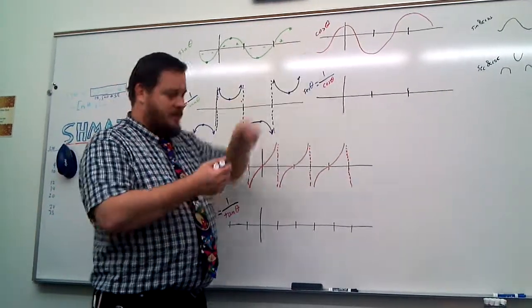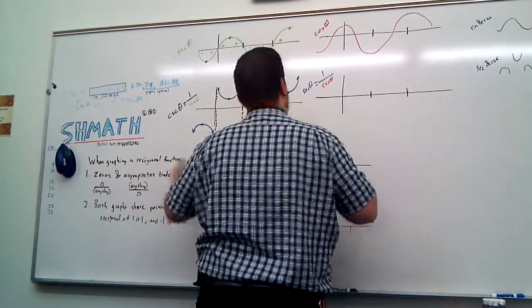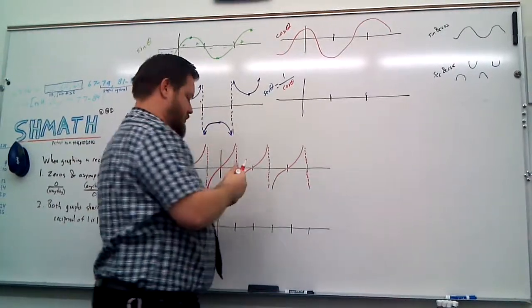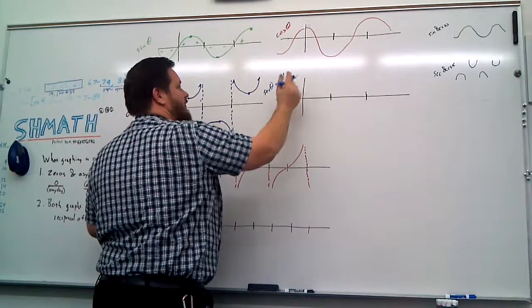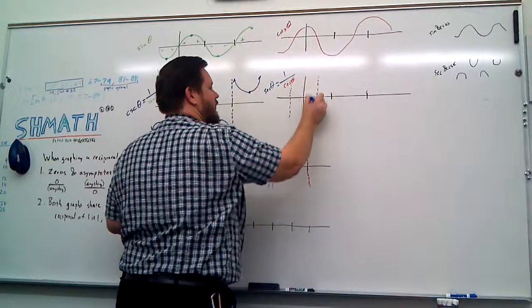So we're going to do the same sort of thing. Following our guidelines for reciprocal functions, any place that cosine is 0, secant is going to have an asymptote. 0, asymptote.